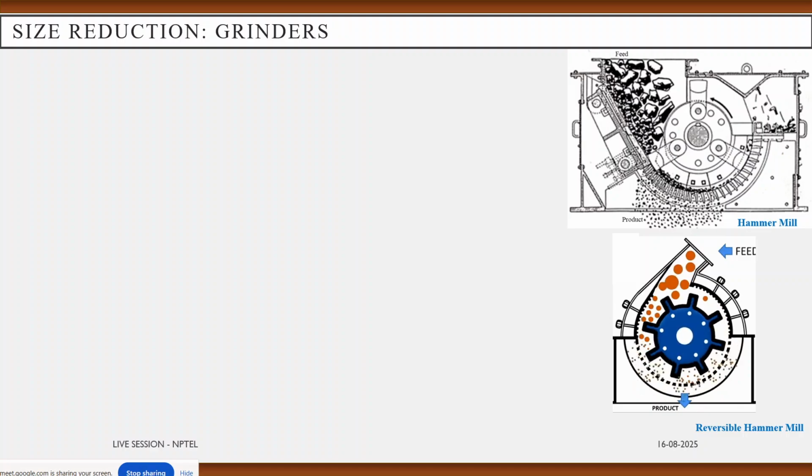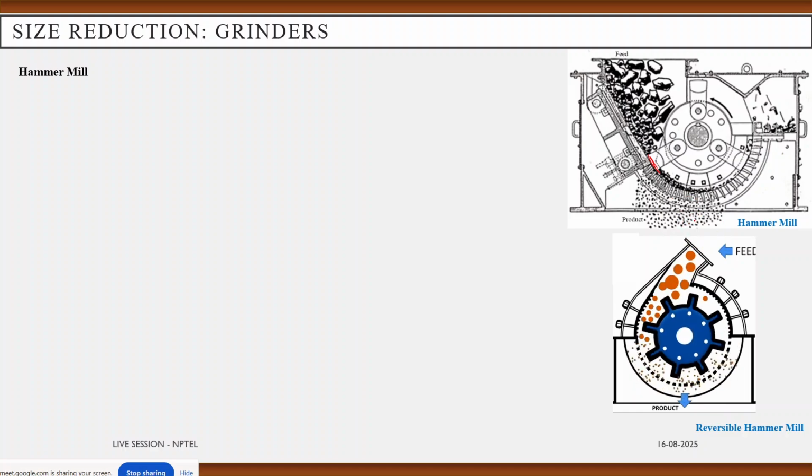Now we are moving forward with grinders or fine grinders. Here we will discuss the hammer mill. You can see the typical picture of a hammer mill, where hammering occurs in this section, and through the small passage between these hammers the material goes through another round of attrition and produces particles of reduced size.